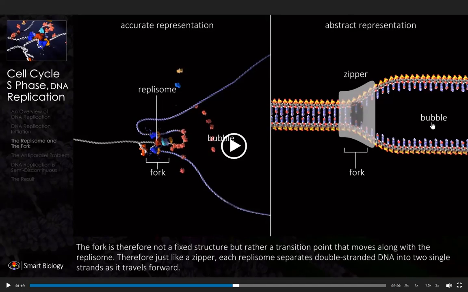Would you expect the DNA on the left of this picture, so somewhere here, to undergo supercoiling, positive supercoiling? So again, I would like you to imagine a rubber band that you are separating with your fingers into the replication bubble, and you're holding one end of the rubber band.